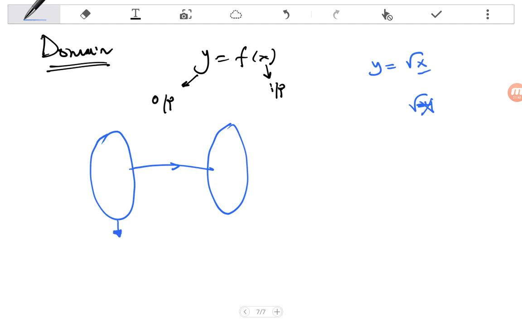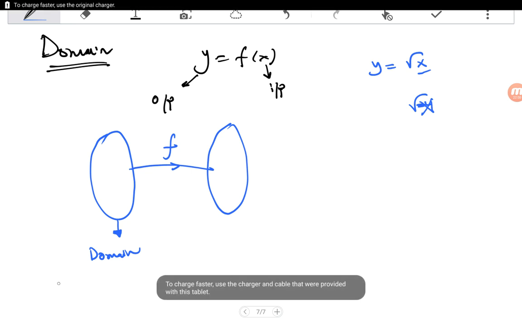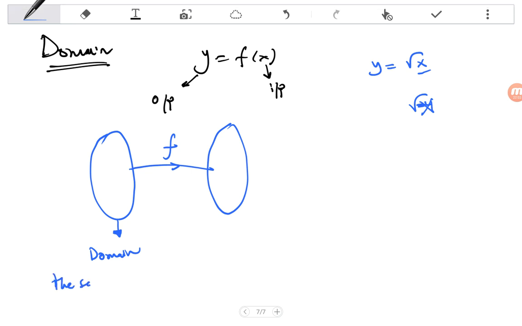We will contain all the allowed values for x in some set that is called the domain. So what is the domain? The domain is the set of all allowed values of x, or of the input.